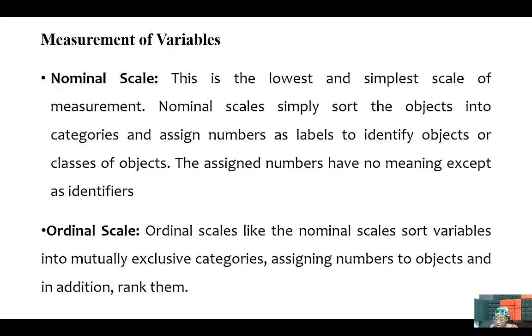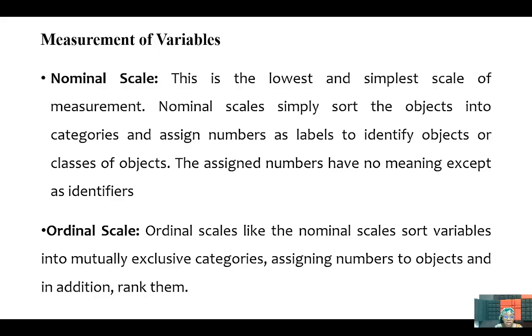The nominal scale is a qualitative form of measurement. That means it is categorical. For example, we could have three colors, let's say green, red, and blue. And then let's say we assign arbitrary numbers to them.